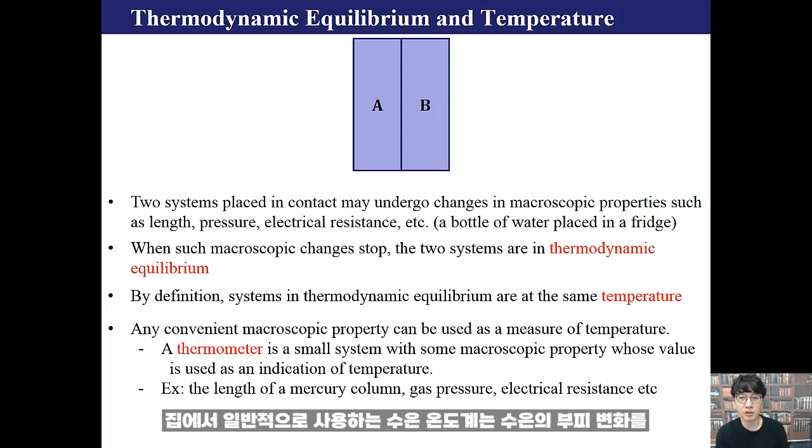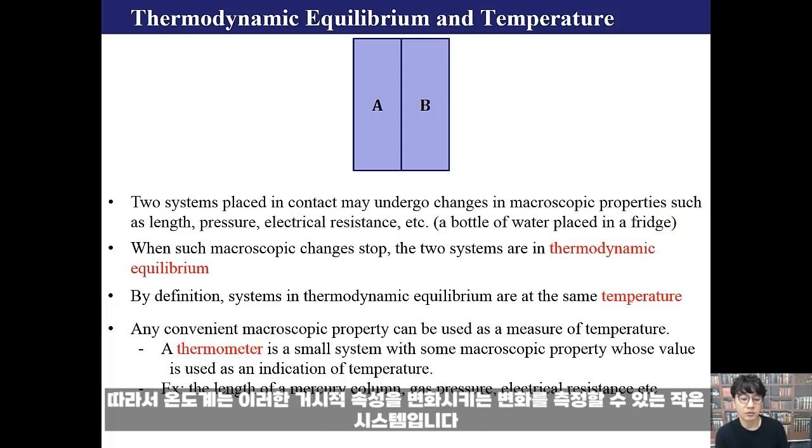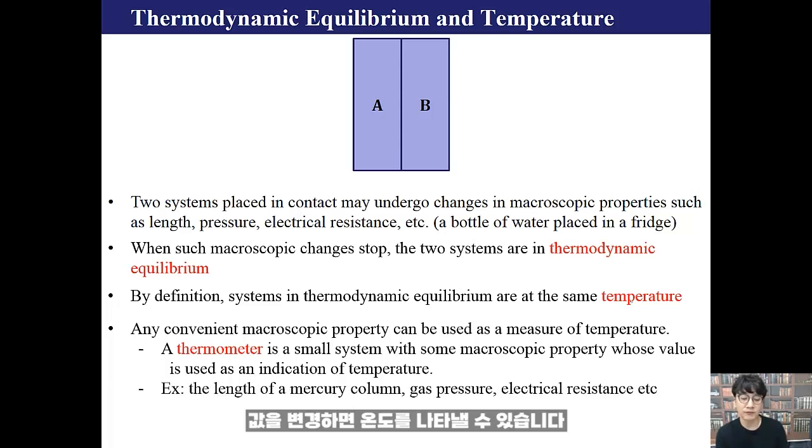The mercury thermometer usually used at home uses mercury volume changes. This liquid volume changes as a function of temperature, and gas pressure also changes as a function of temperature. So if you can measure gas pressure, you can measure temperature. A thermometer is a small system that can measure these changing macroscopic properties. Those changing values can indicate the temperature.